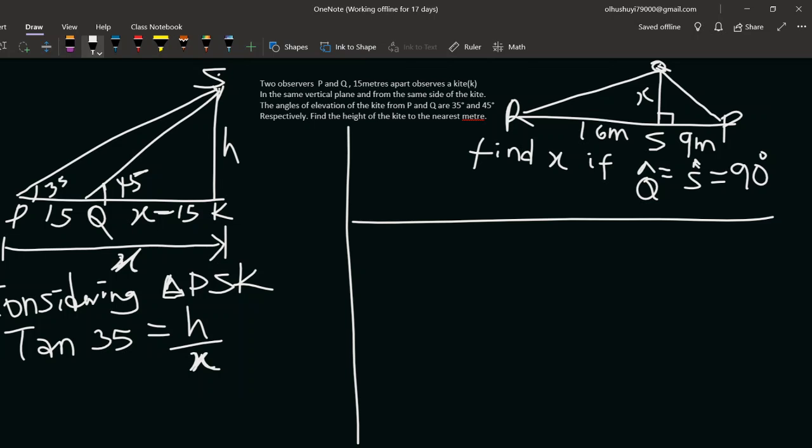Then the second one, consider triangle QSK. Sorry about that.